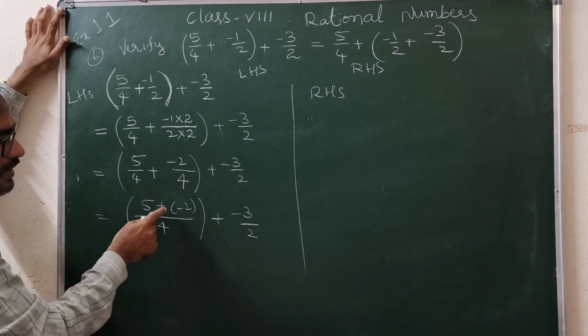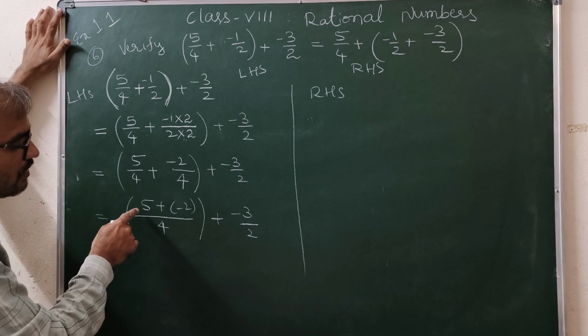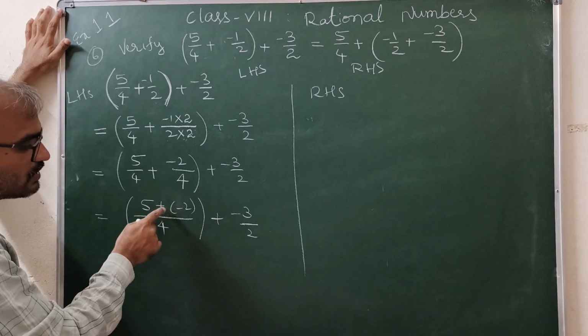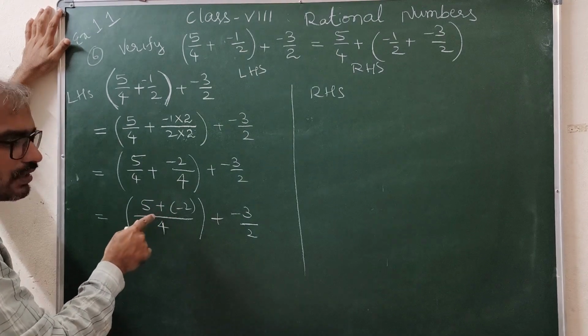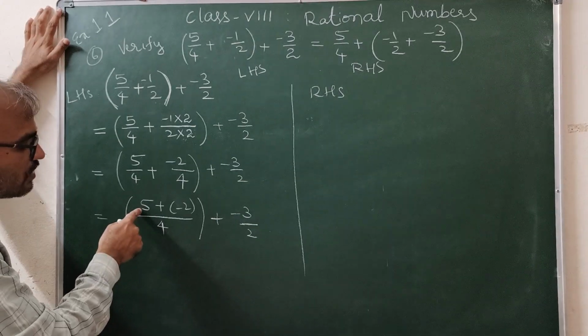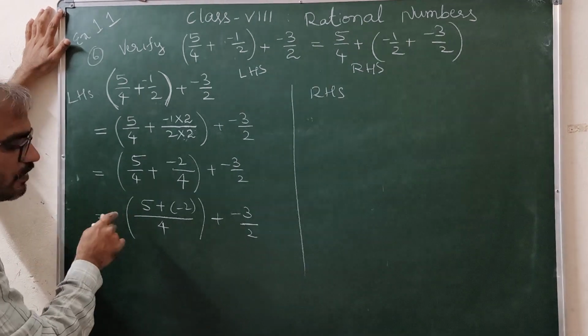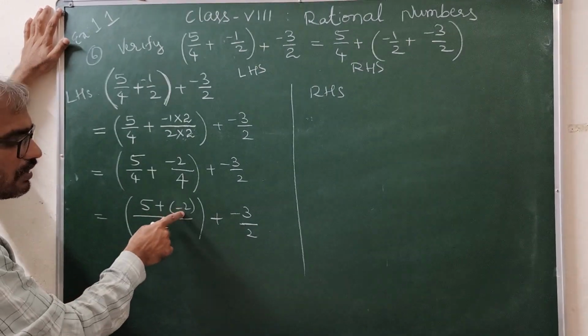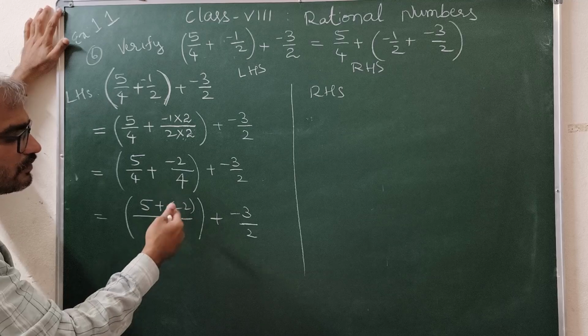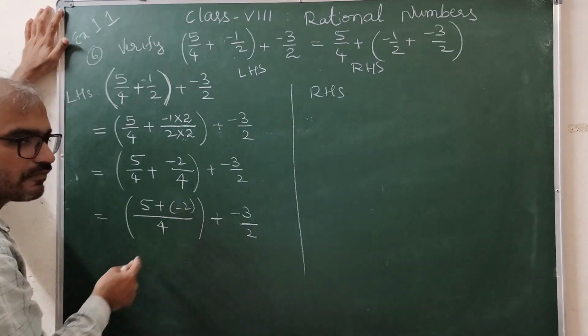So now 5 plus minus 2. I told you previously, if you listen to my other classes, when there is addition, it means together. Consider a positive number as something you have: 5 pencils, 5 pens, 5 rupees. Think that you have 5 rupees. And minus 2 means you have a debt of 2 rupees; you borrowed 2 rupees from someone.